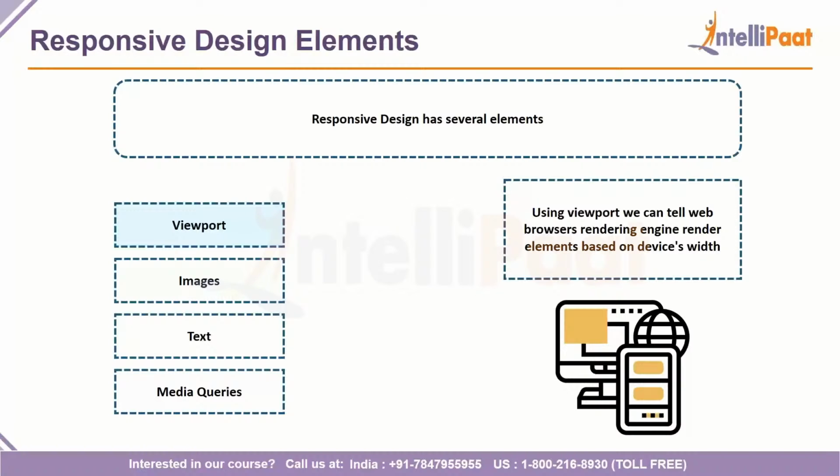So, a viewport is basically just a description of how big your screen is, right? For instance, a viewport is basically the width and height of your screen, or the real estate that is available for the web application to show itself. That's basically what a viewport is. Now, using a viewport, we can tell the web browser's rendering engine to render elements based on device width.